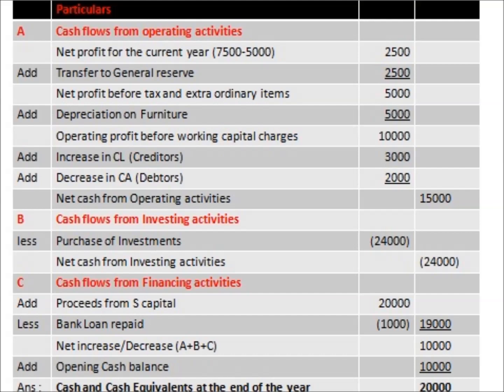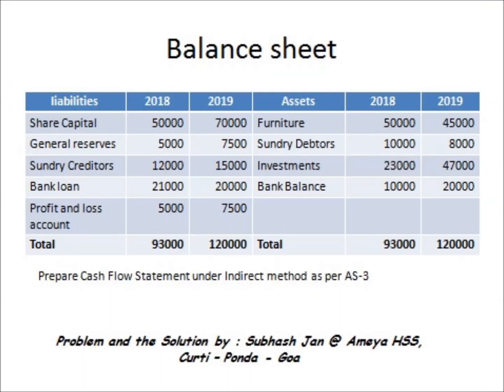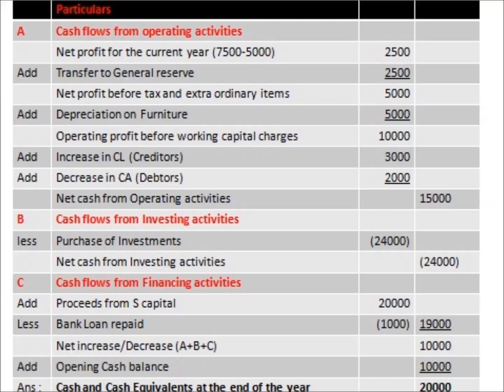The second part of the cash flow statement is cash flows from investing activity. There is only one item, purchase of investment. We have already adjusted the depreciation. Investment was 23,000 for the first year and 47,000 for the second year, so you must have purchased investment worth rupees 24,000.